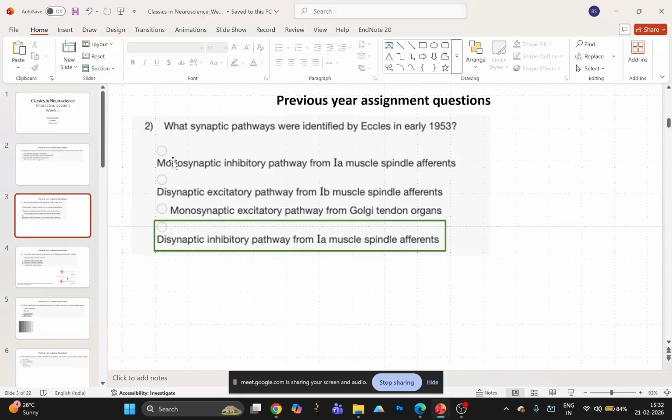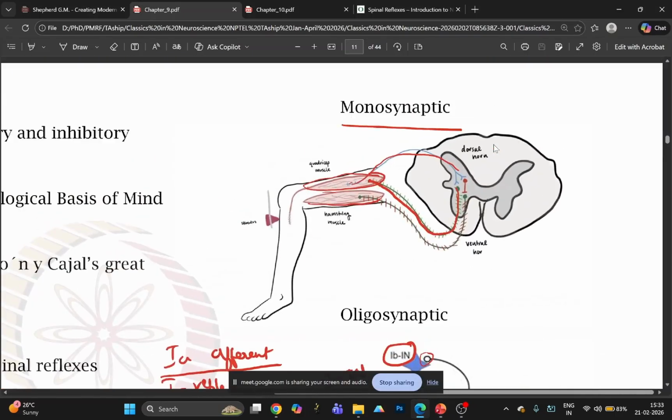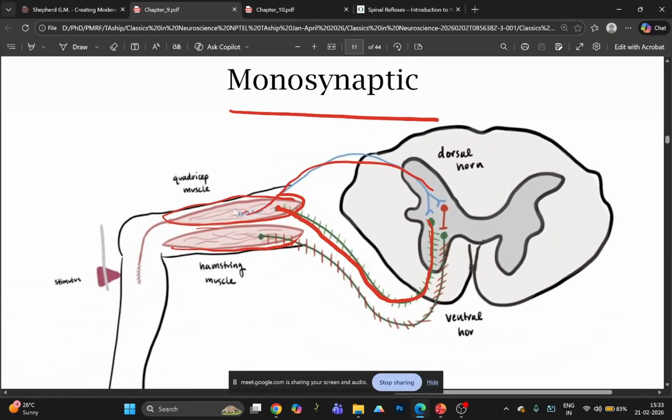Option 1, monosynaptic inhibitory pathway from 1A muscle spindle afferents. We know that the monosynaptic pathway is excitatory in nature. It has to be excitatory because the monosynaptic pathway is responsible for the contraction of the quadriceps muscle.